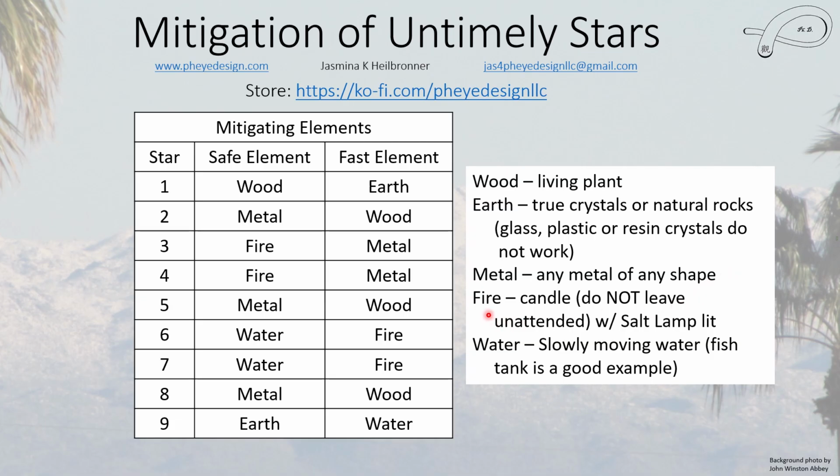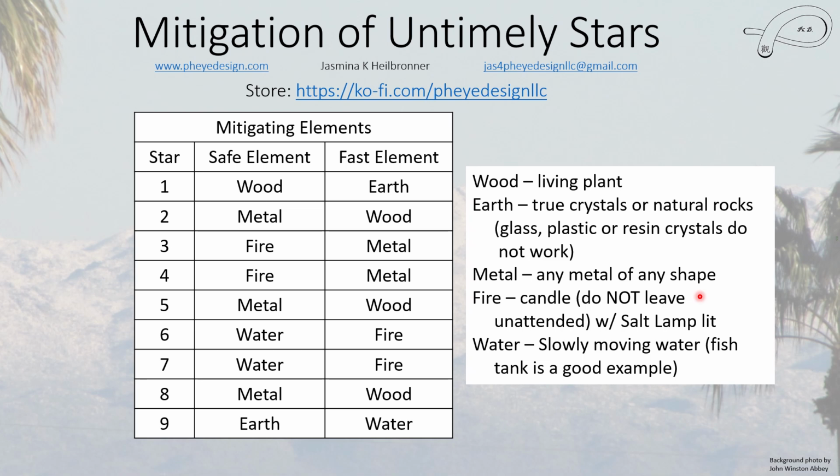Now, fire is basically true fire. So what I recommend is you start a candle and you do not leave the candle unattended, because that's a very good way to burn down your house. And then you light a salt lamp while the candle is lit, and you can leave the candle burn for as little as 30 seconds.